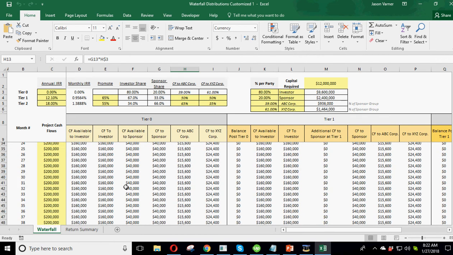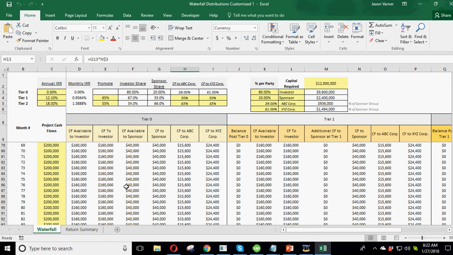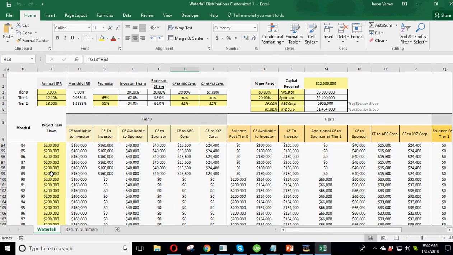Now let's scroll down. What happens with the first waterfall? Well, look at that. What this is saying is that after you get to month 90, the internal rate of return has broken this 12% barrier. Based on that, any cash flow that breaks that barrier, which is this month and this month and this month, gets split differently.